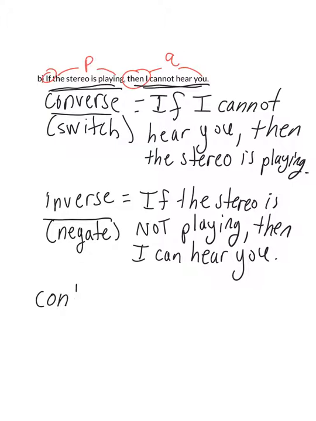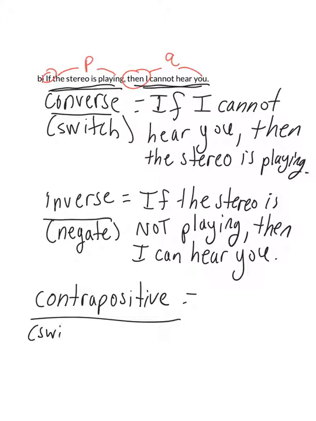Finally, let's do the contrapositive, which means we do both switch and negate the if-then phrases. So into the if portion, I cannot hear you becomes I can hear you.